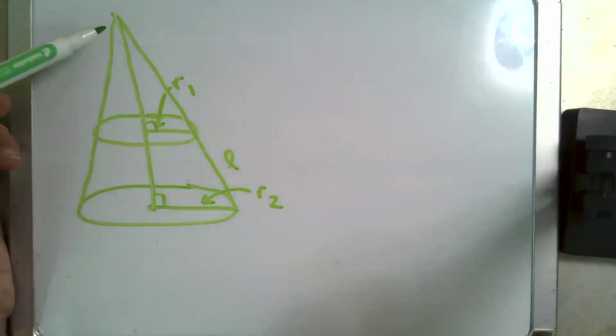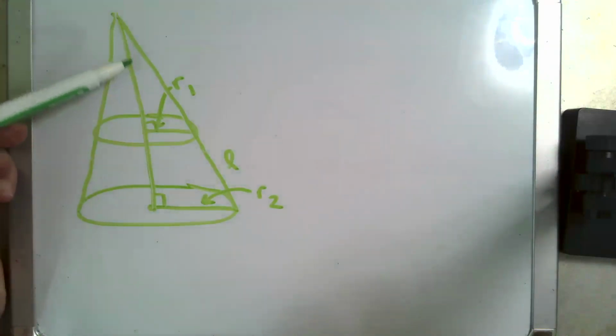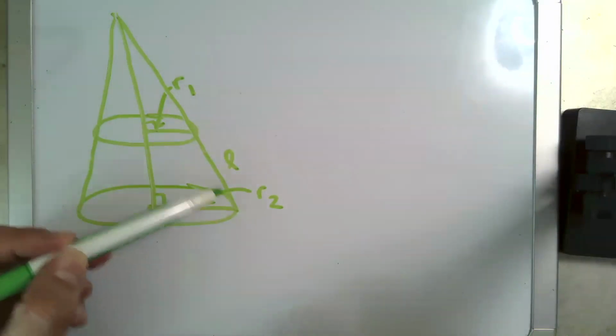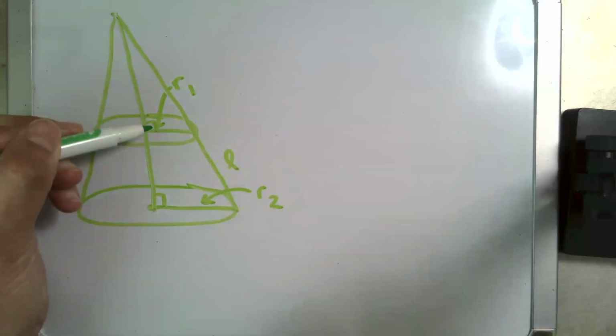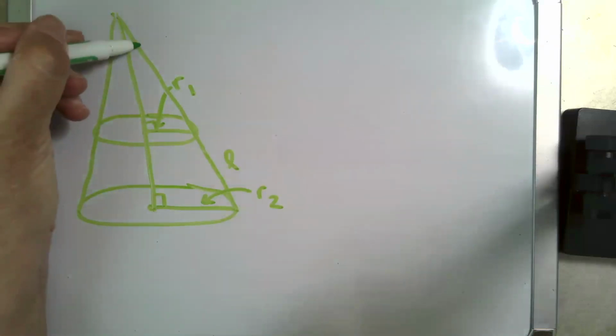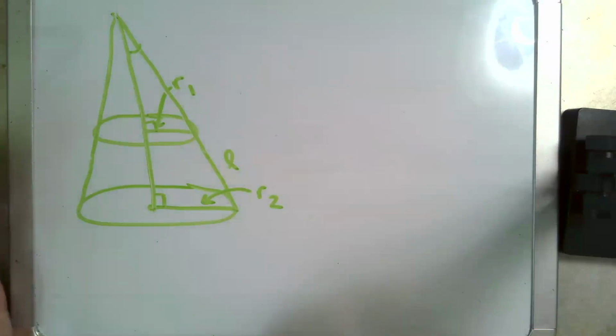Essentially, when we complete the cone, we wind up with a cross section that are two proportional right triangles, right? They both share a right angle and they both share a top angle, and AA is enough for similarity.